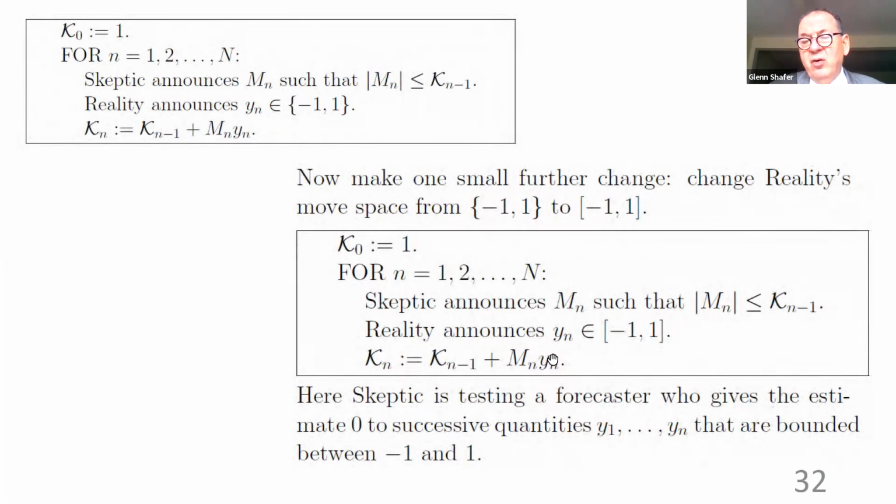See, yn is no longer 1 or -1, but something between 1 and -1. And if you choose m positive, it means you're betting that yn will be positive. And that's saying that the measuring instrument is biased in a positive direction. I expect it to be positive more often than negative.